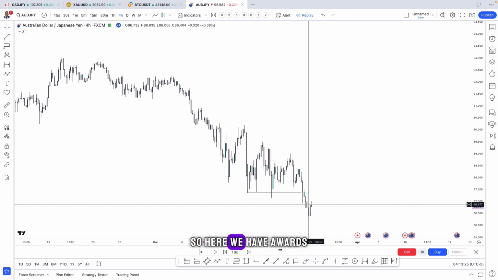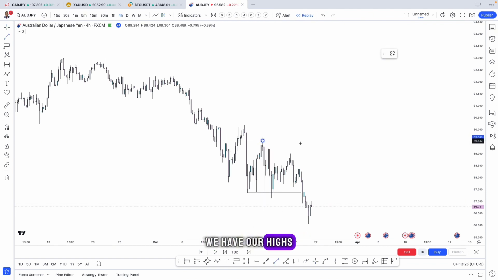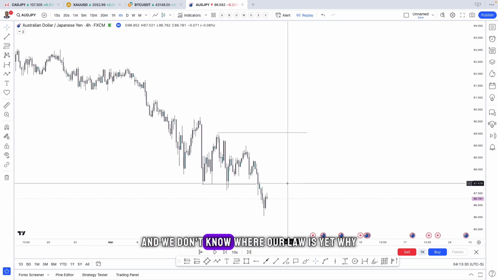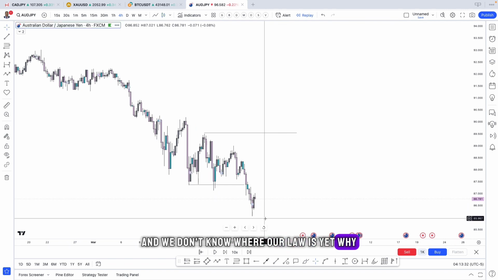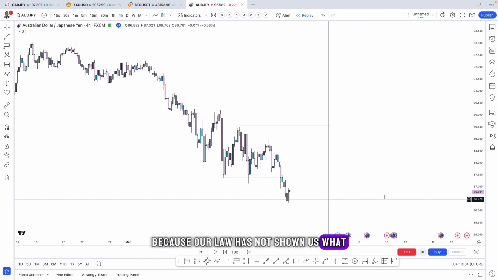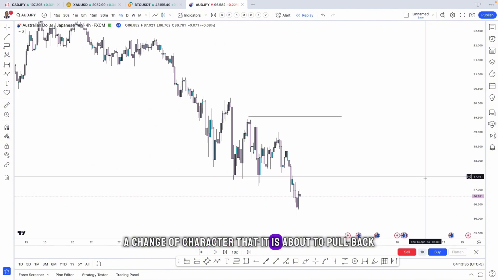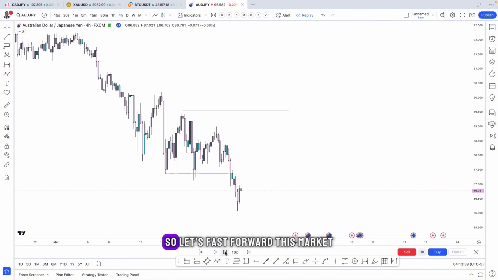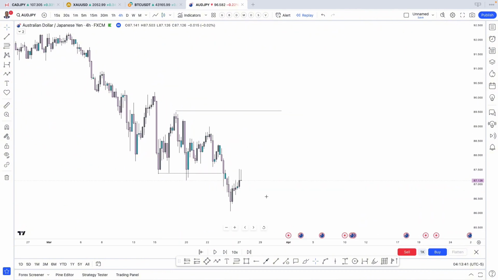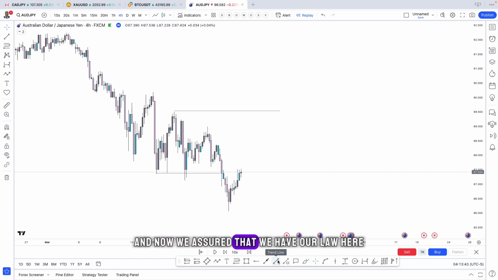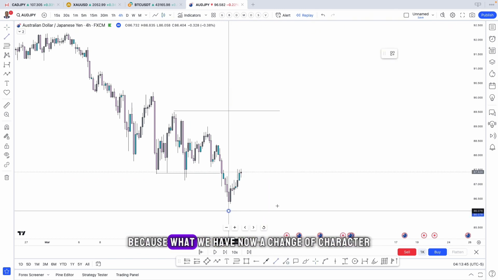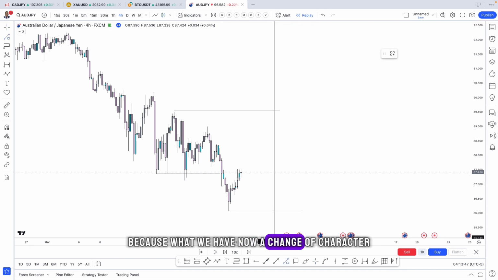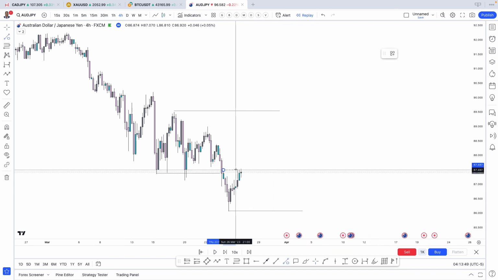So here we have our highs, and we don't know where our low is yet. Why? Because our low has not shown us a change of character that it is about to pull back. So let's fast forward this market, and now we are sure that we have our low here, because we have now a change of character.